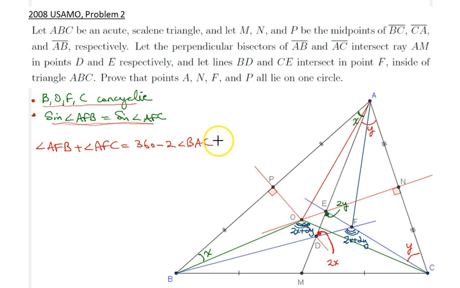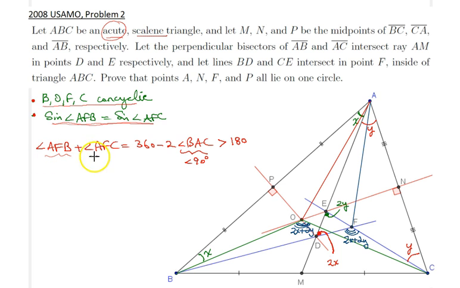And this is obviously greater than 180 because our triangle is an acute scalene triangle, meaning these angles are less than 90 degrees, so 2 times less than 90 is less than 180, and 360 minus something less than 180 will give you greater than 180.